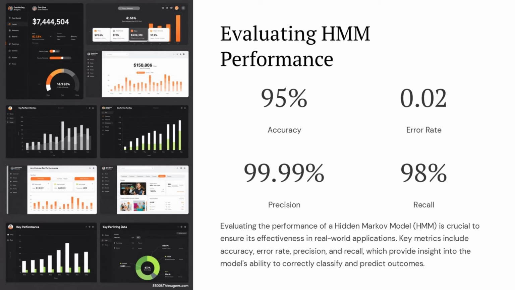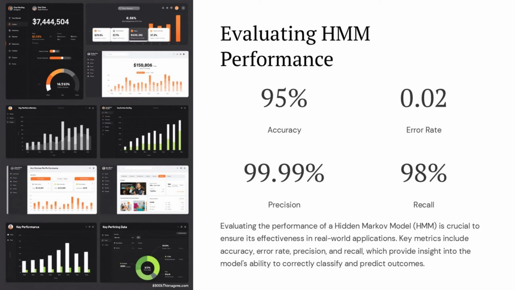The key metrics we'll be discussing today to evaluate the performance of our hidden Markov model are accuracy, error rate, precision, and recall. Accuracy measures how often the model correctly classifies outcomes. Our model has an impressive 95% accuracy rate. Error rate looks at how often the model makes mistakes. Our error rate is very low at just 0.02.